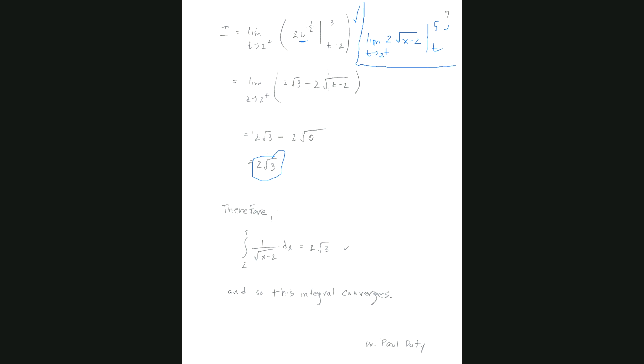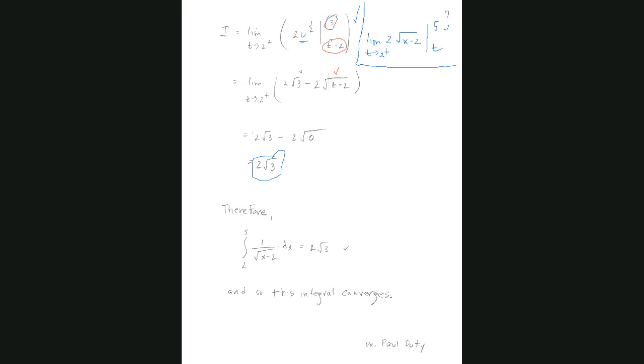my thinking is, why do that? Why not just work with the u limits that you have here? Why make an extra step for yourself? Just work with the u limits, put them in for u, and take the limit as t approaches 2 from the right.